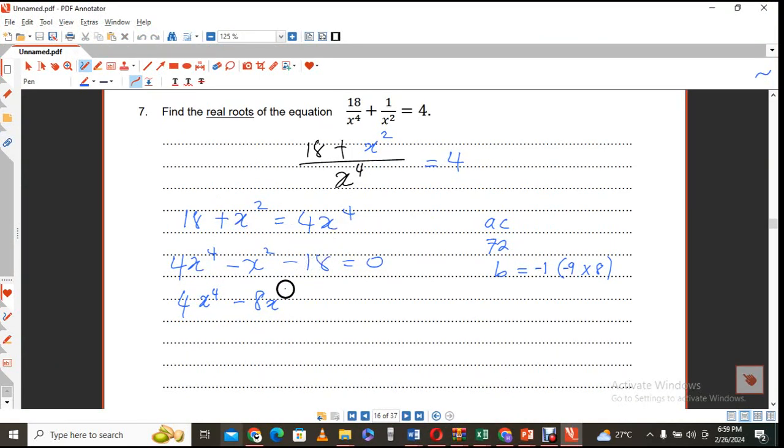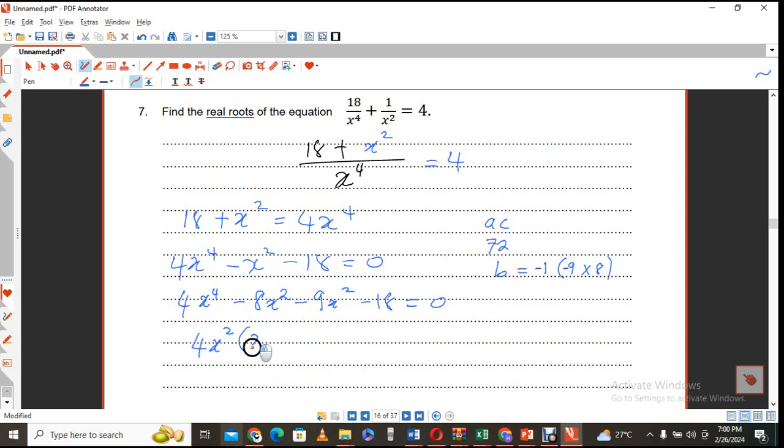So this was 4x raised to the power of 4 minus 8x squared plus 9x squared minus 18. Okay, or you can also use that where you say x squared should be k, doesn't matter, and then you work from there. So basically here the common factor would be 4x squared.